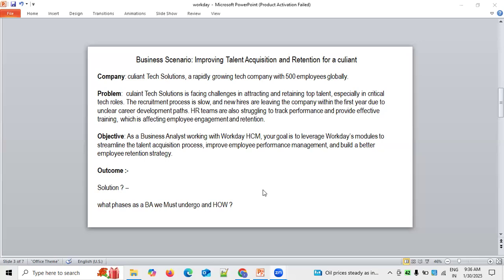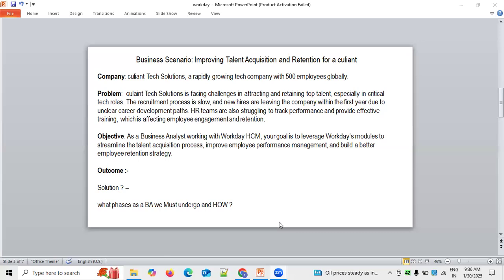They are facing challenges in attracting and retaining top talent, especially in critical technical roles, as their recruitment process is slow, and new hires are leaving the company within the first year due to unclear career development paths and all.